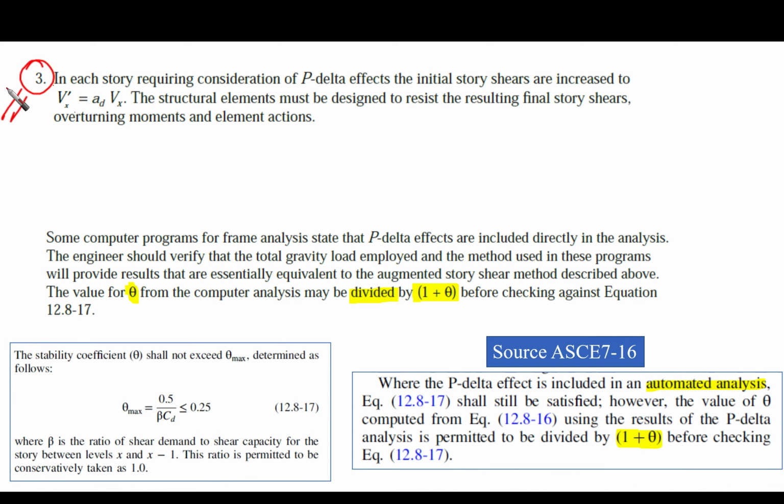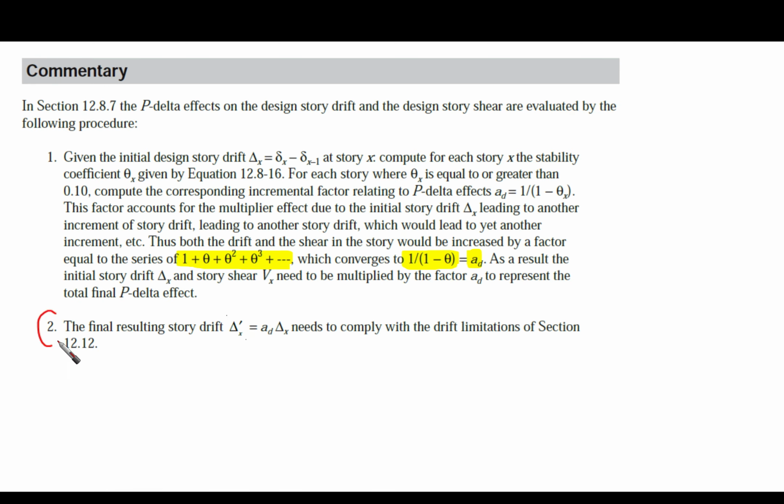Third comment: in each story requiring consideration of P delta effects, the initial story shears are increased to the augmented shears. This is the final shears. The structural elements must be designed to resist the resulting final story shears, overturning moments, and element sections. And this is very true. In comment 2, he was talking about delta against delta allowable.